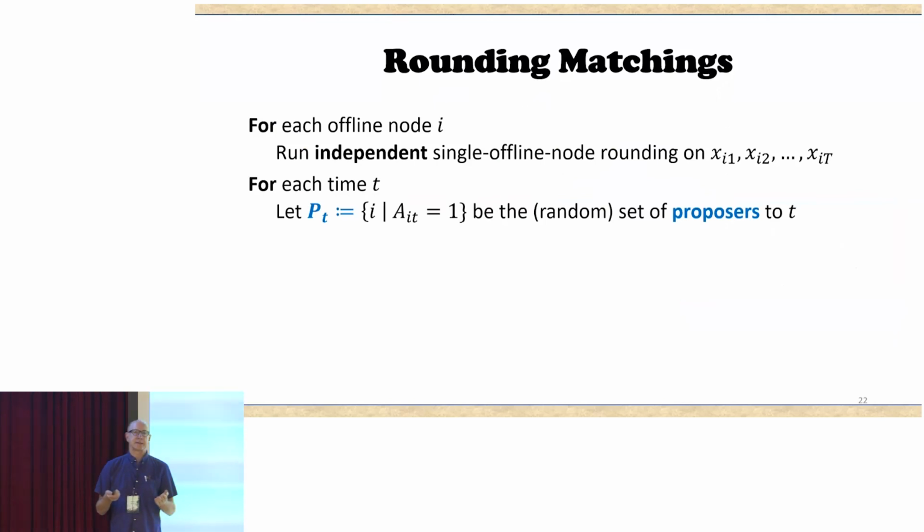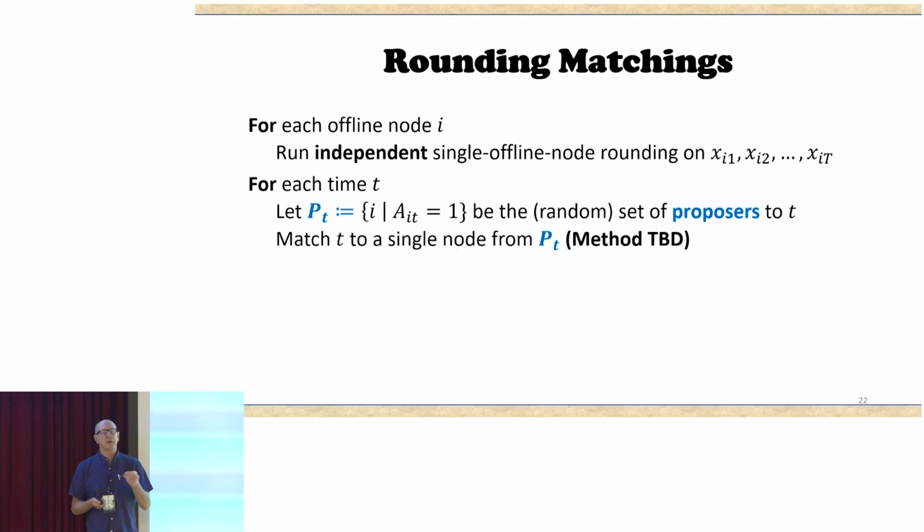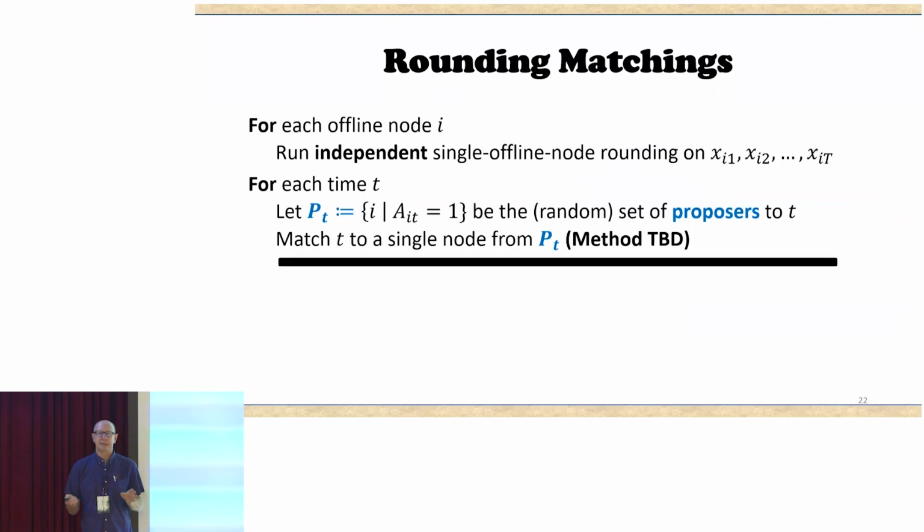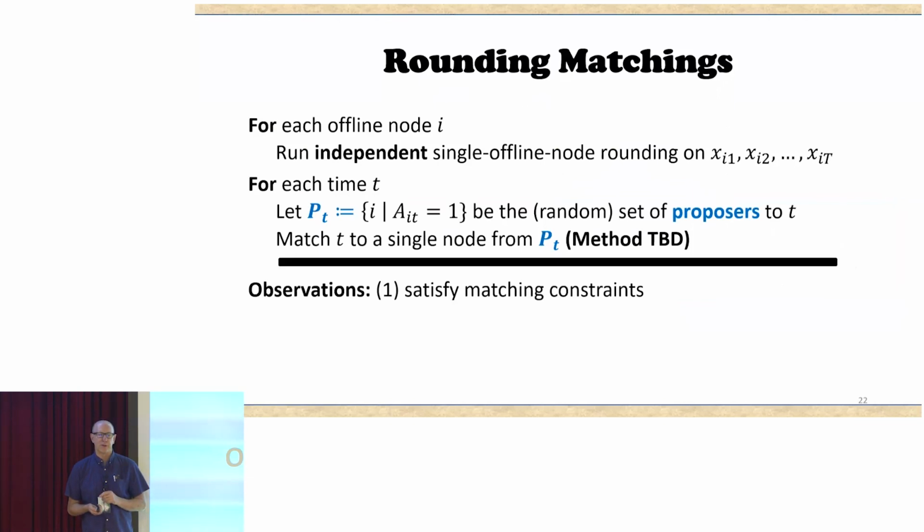We call this random set the set of proposers to online vertex t, P_t. We're going to pick one of the nodes in P_t and match it to t, and I'll discuss how we do it in a minute. So this is the basic algorithm.